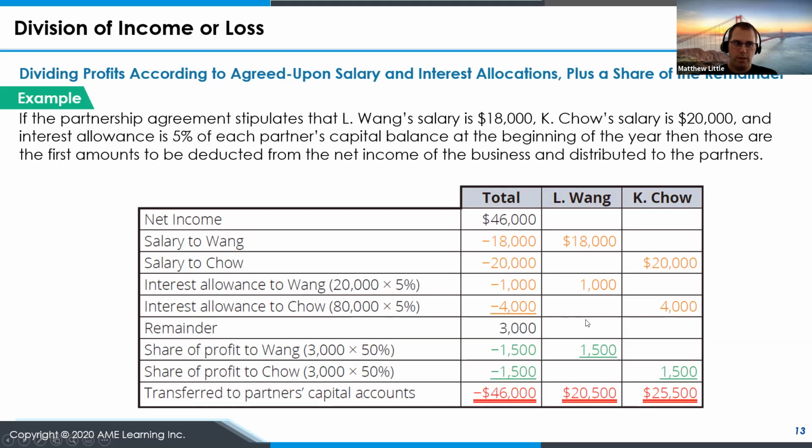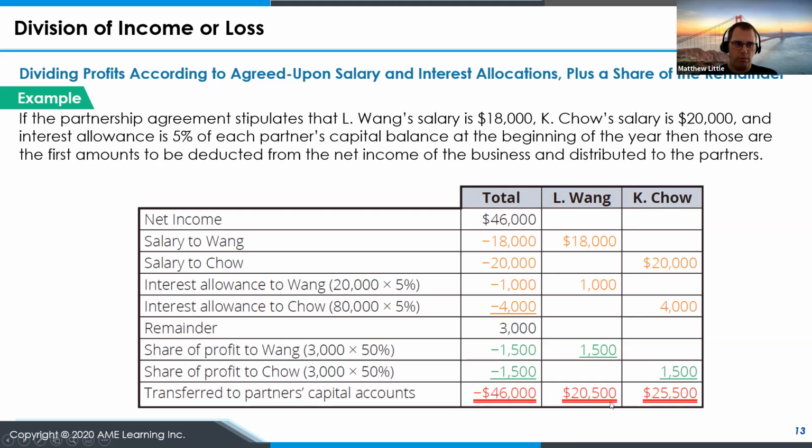And 5% of 80,000 would provide an allowance for interest to Chow of 4,000. That would leave us a remaining net income to allocate of $3,000. And we're going to assume in this example it's 50-50. So of the 3,000, 50% would go to each partner, being $1,500 to Wang and to Chow.